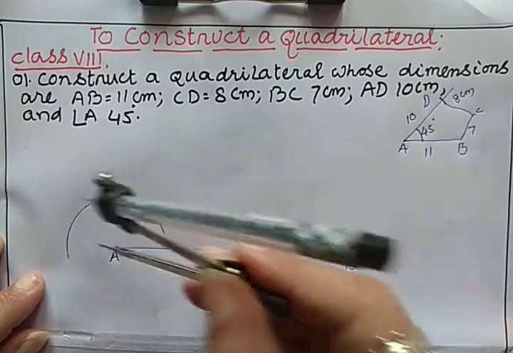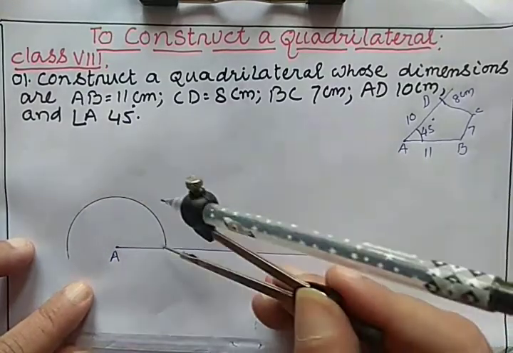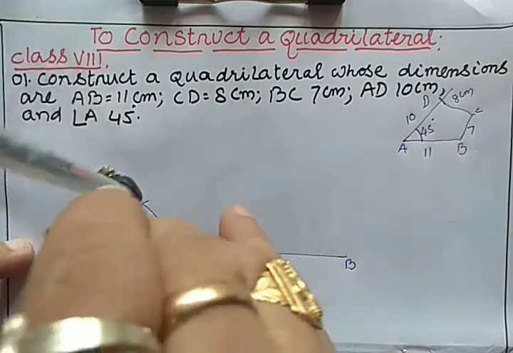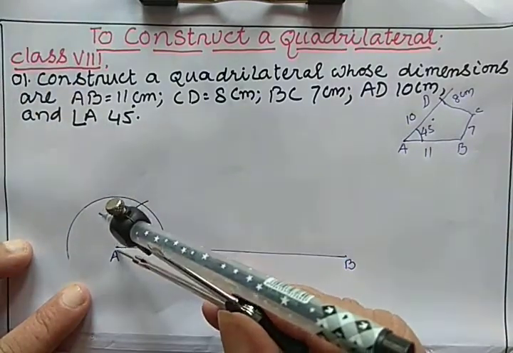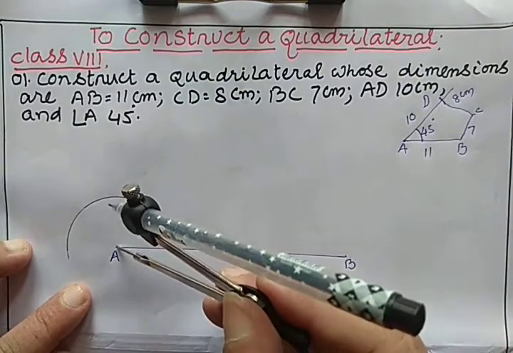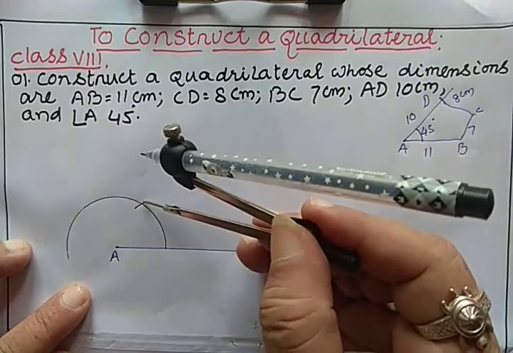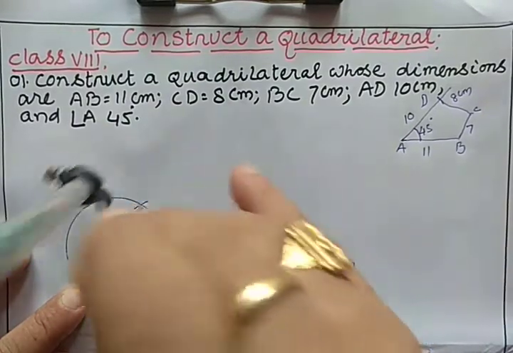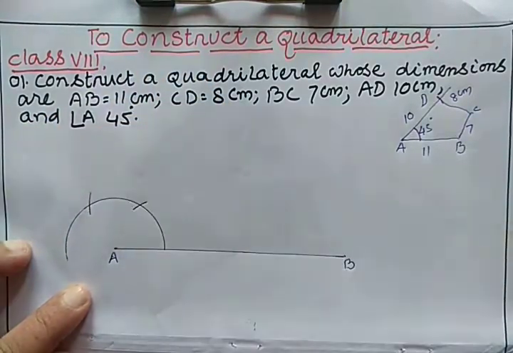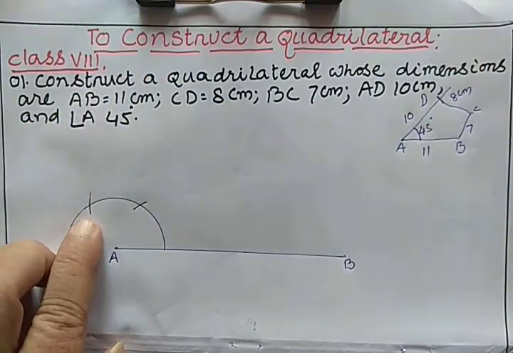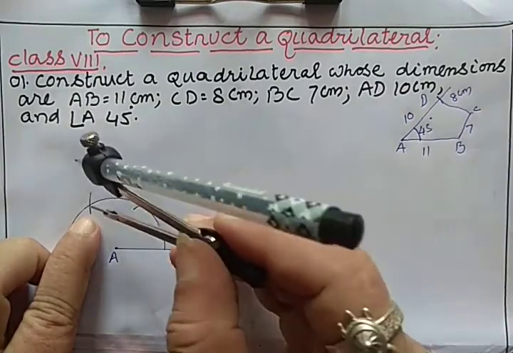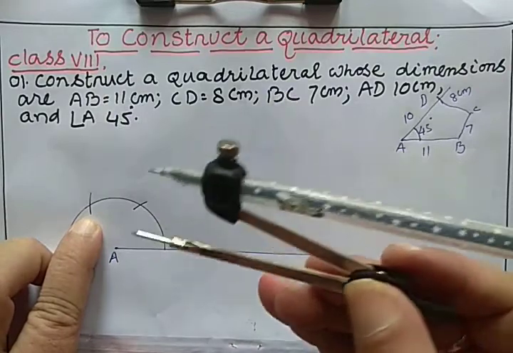So where this arc touched this AB, from that point I take one arc on this arc. If I join these two, we get 60 degrees. And if we take one more arc, this will be 180 degrees. So when we bisect these two arcs, we get 90 degrees.